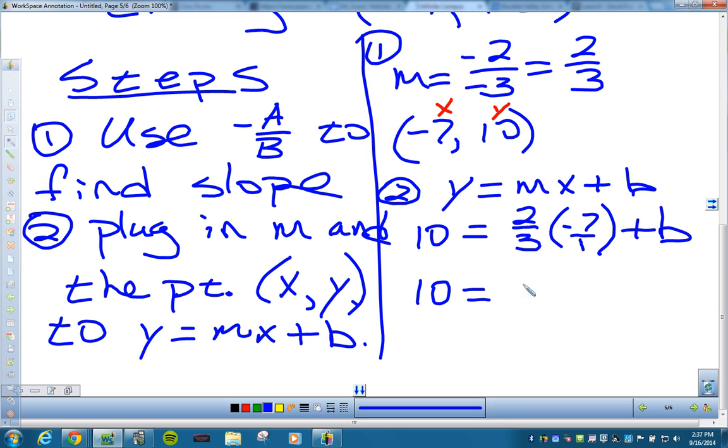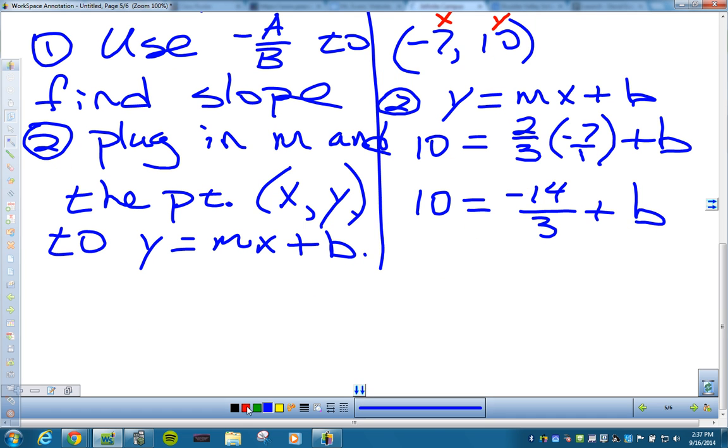So 10 equals -14 over 3 plus b. How do I solve for b, Hunter? How do I get b by itself? So -14/3, how do I get rid of -14/3? Add 14/3, right? Opposite operation, so we're going to add 14/3 to both sides.